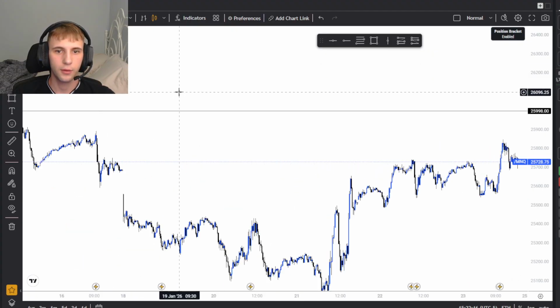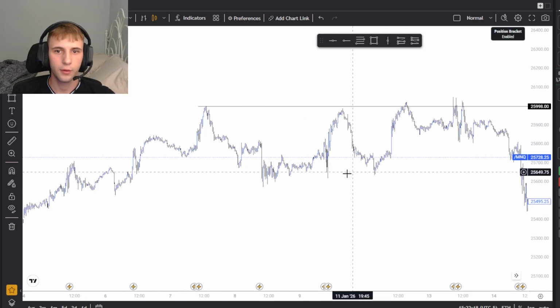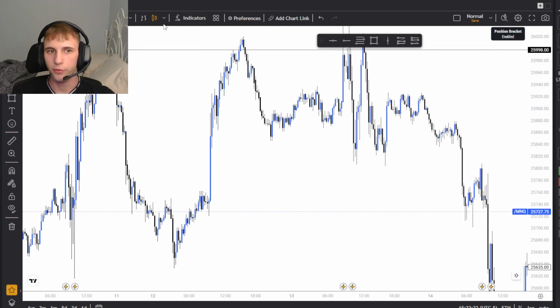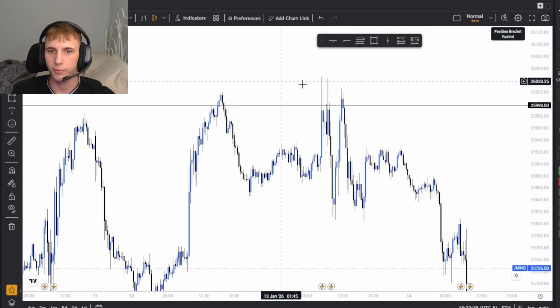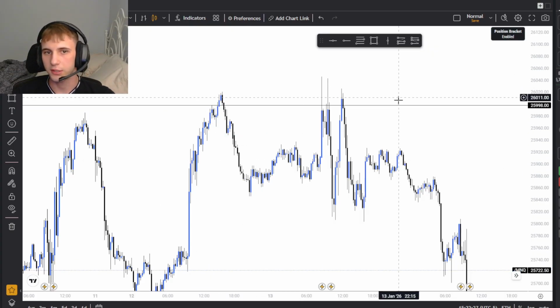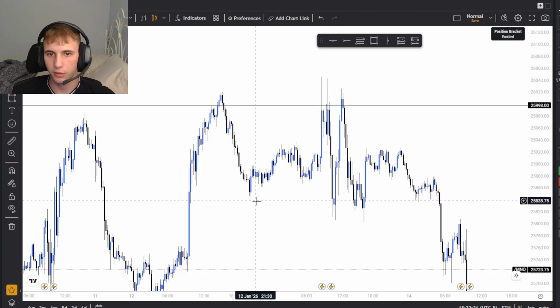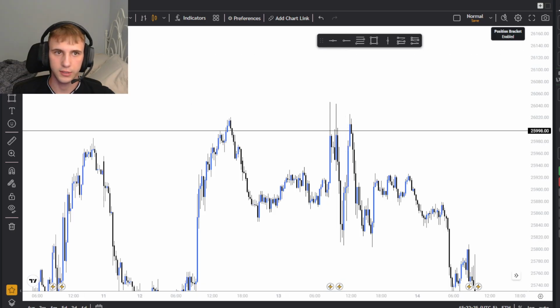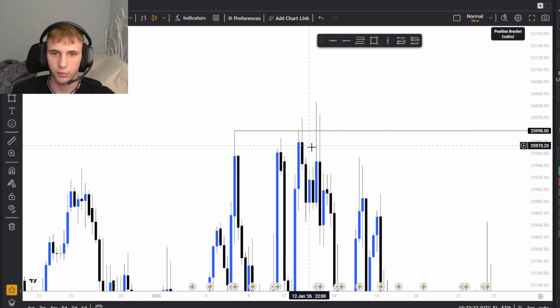Gets hit, boom. Very, very powerful draw on liquidity. Now it gets hit multiple times, but this first time we have a reaction off of that. Now we make a newer high, and this is still a 4-hour draw on liquidity right here. This is a new 4-hour draw.